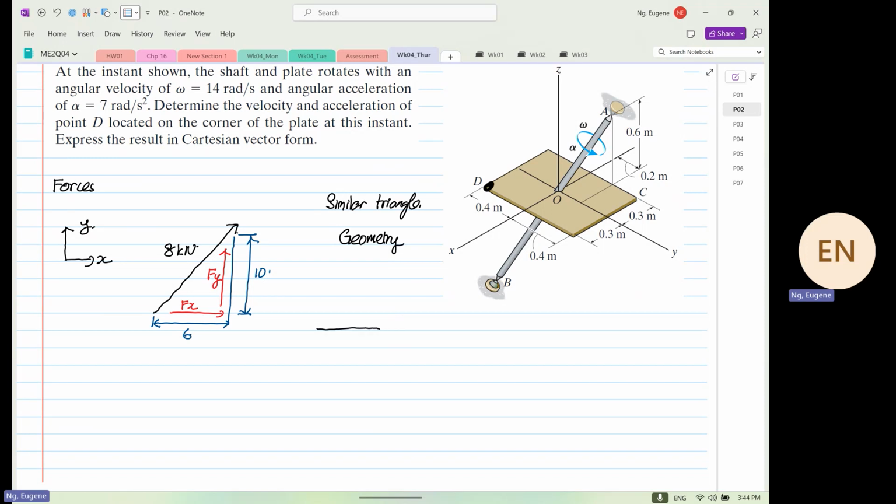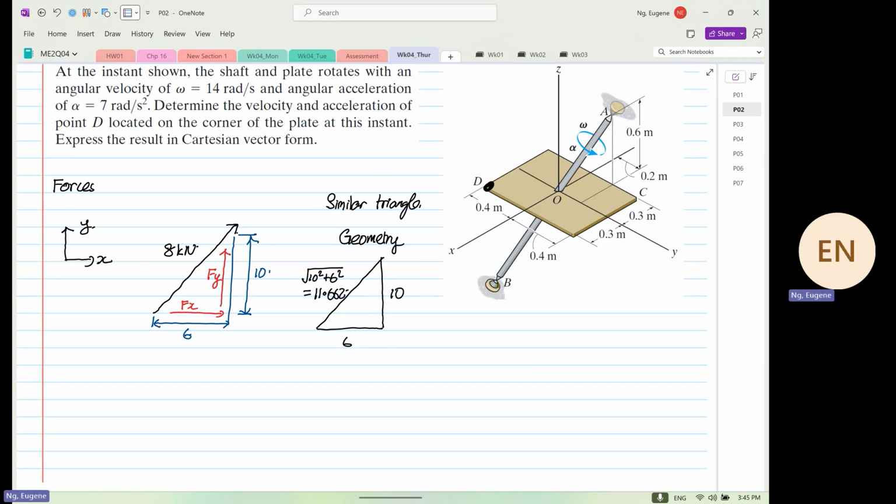If we were to construct this, we know that the distance from here to here is 6. The distance from here to here is 10. So the distance from here to here is the square root of 10 squared plus 6 squared, which is equal to 11.662.